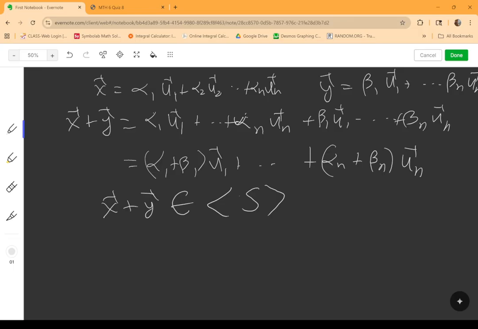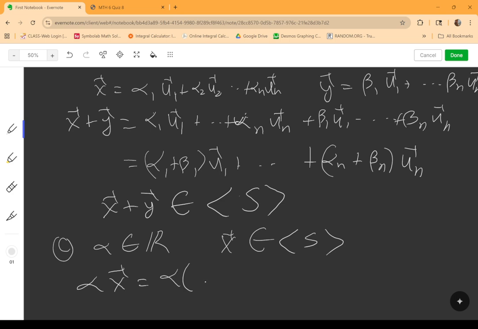In the same way, let alpha be just some real number, and x is, as before, an element of the span. Actually, to avoid confusion, let's choose a constant c.